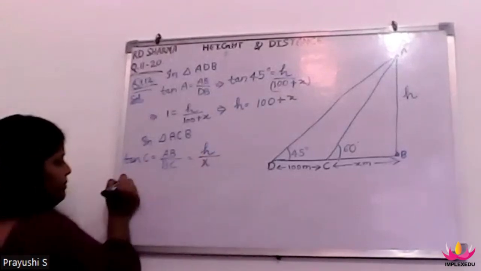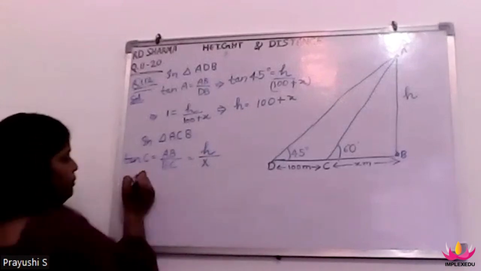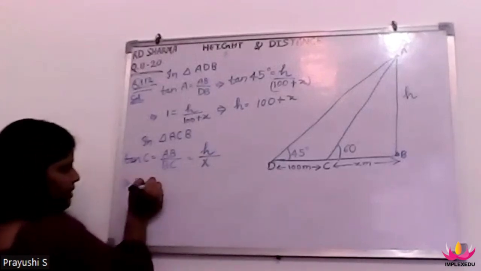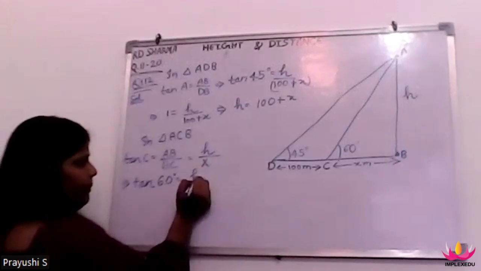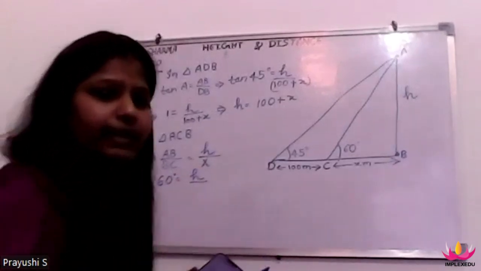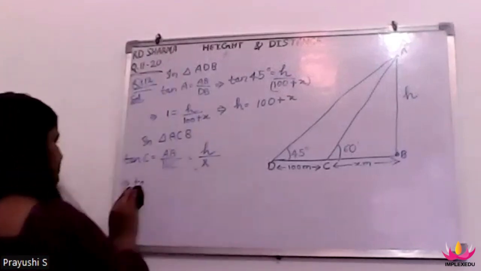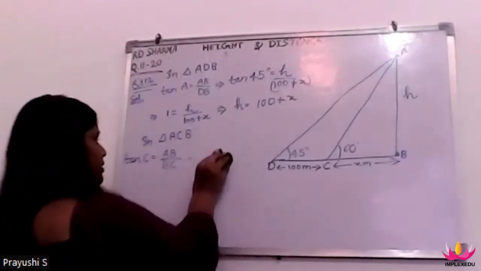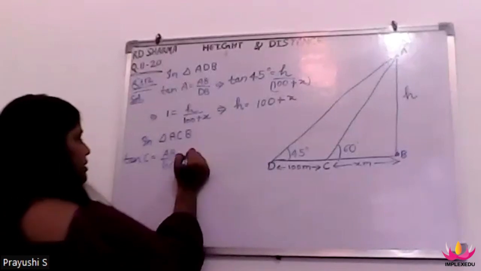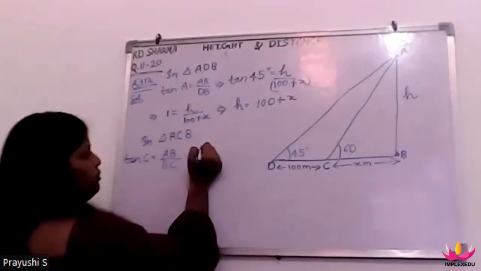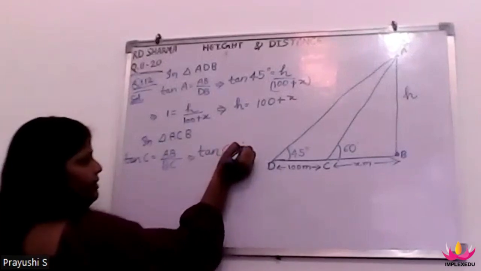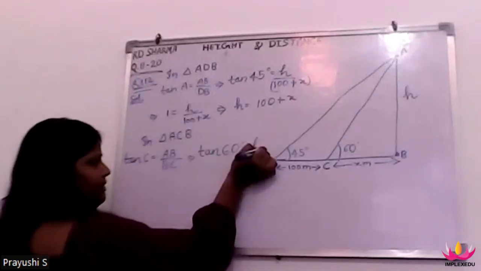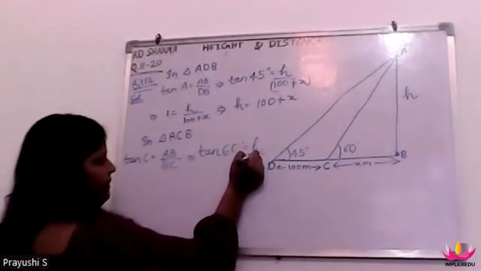Now tan C is equal to tan 60 degree is equal to h upon x. So we will have tan 60 degree equal to AB, which is h, and BC, which is x.